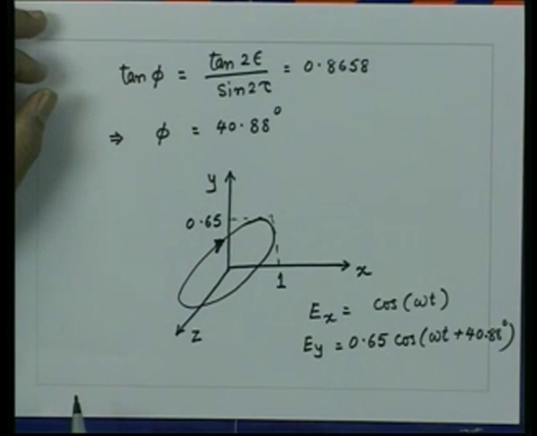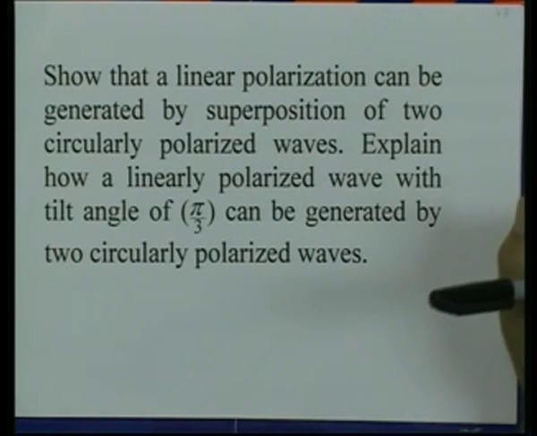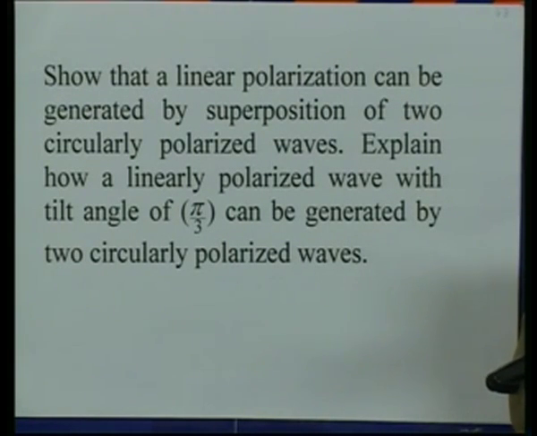The next problem which we can now take is generation of a linearly polarized wave by a combination of two circularly polarized waves. While discussing the polarization, we have seen that an arbitrary state of polarization can be generated by superposition of two orthogonally polarized waves.